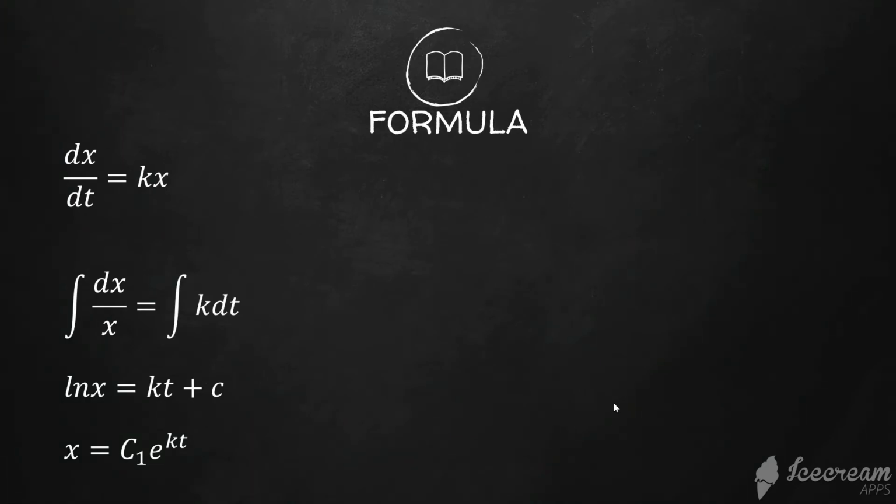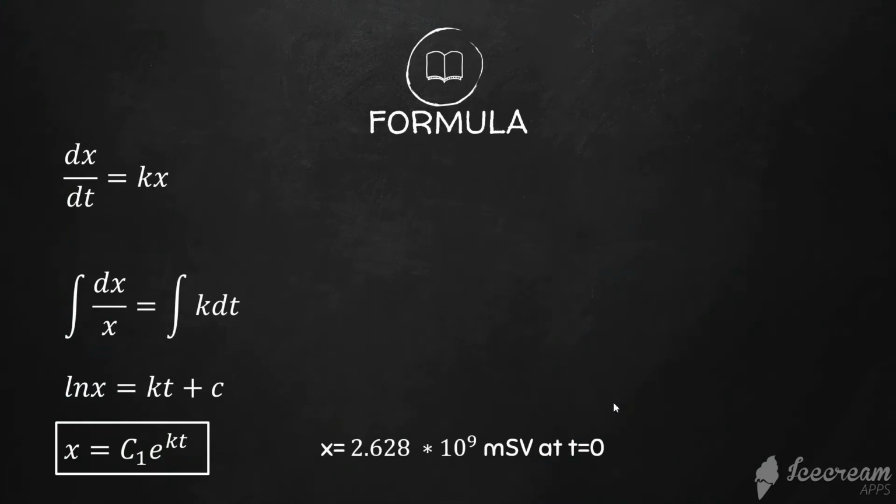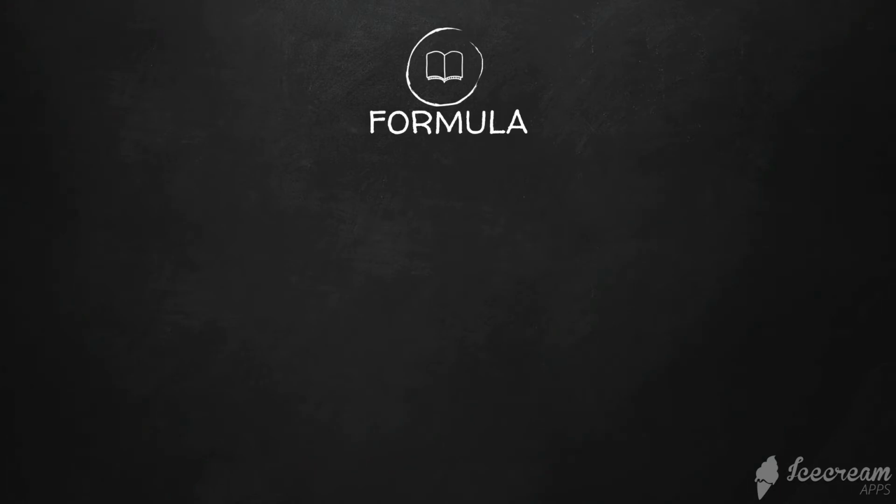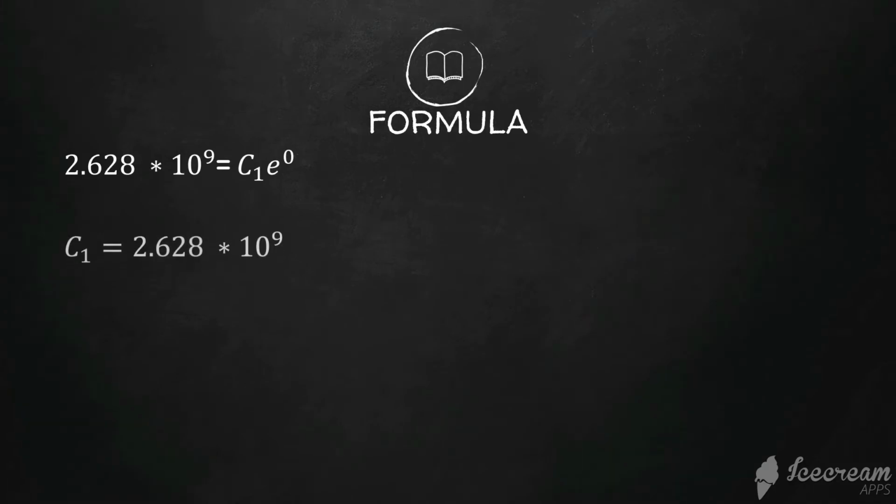Remember that we can play around with the constant. After that, we can plug in the initial conditions of x equals 2.628 times 10 raised to 9 at t equals 0. Doing this, we can find c1. Plugging in the initial values gives us 2.628 times 10 raised to 9 equals c1 e raised to 0, so c1 is 2.628 times 10 raised to 9.